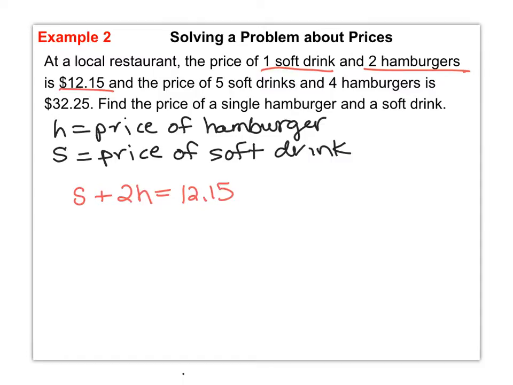The second part of the sentence says 5 soft drinks and 4 hamburgers is $32.25. So the corresponding equation would be 5S plus 4H is equal to $32.25. So we have our system of equations.